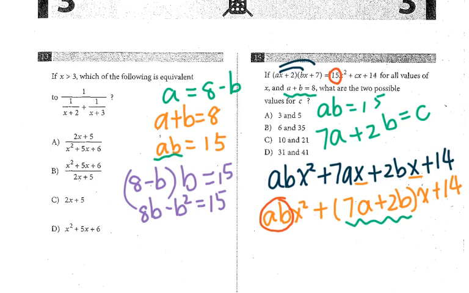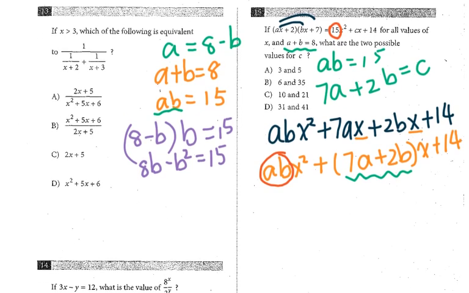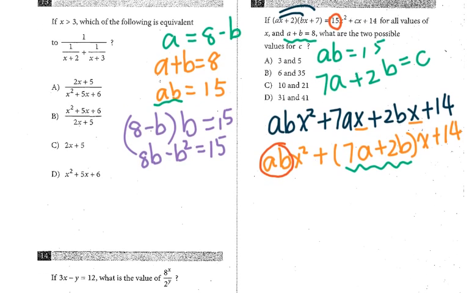We know this will be a quadratic function, so you need to get it equal to 0. I move everything to the right side because I want the coefficient for b squared to be positive. Therefore, I will get b squared minus 8b plus 15 equals 0.